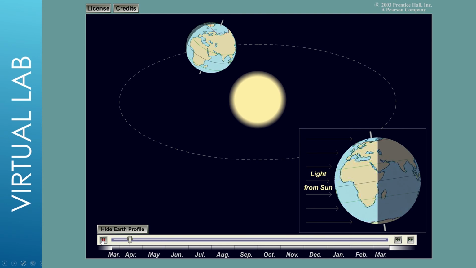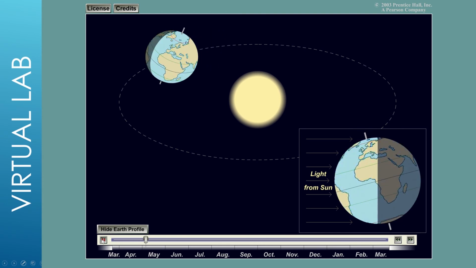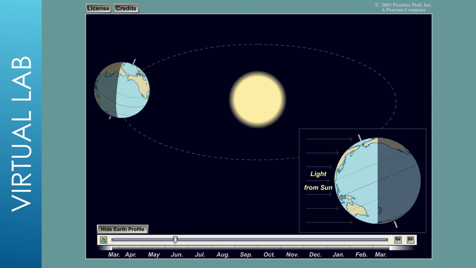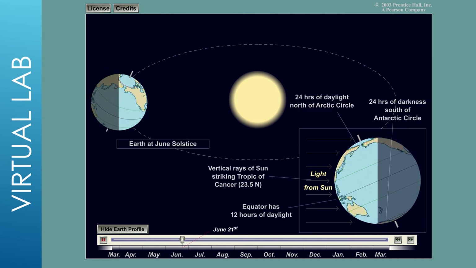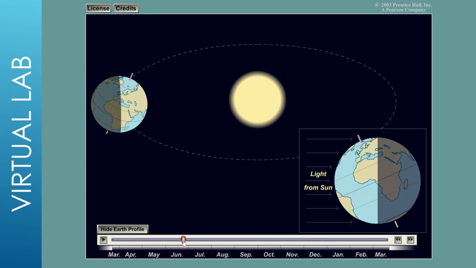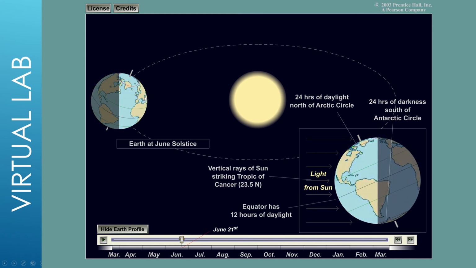So as we go, we're going to get over here. Let me go back a little bit. Right there. So here we have the June solstice. So we have 24 hours of daylight at the Arctic Circle and 24 hours of darkness at the Antarctic Circle down here.